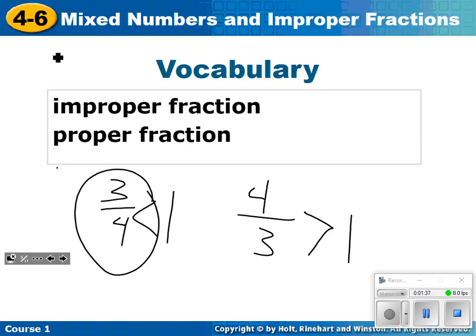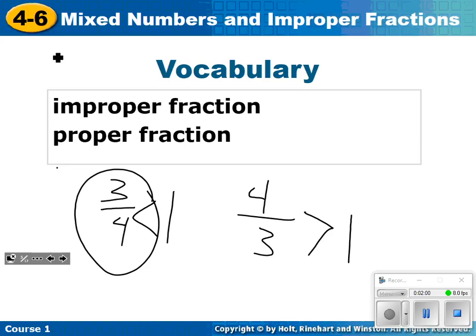Okay? Remember, fractions are nothing more than division problems, right? So if I did this division, I'd go 3 divided by 4. I ended up with 0.75, which is less than 1. If I did my division here, I would end up with 1.333333, repeating. Okay?